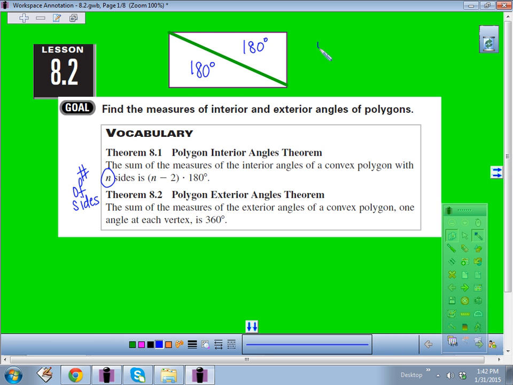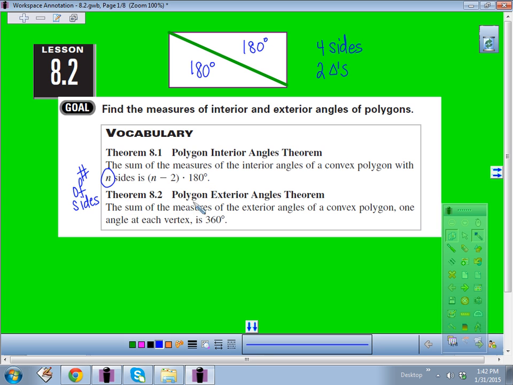That's 4 sides. And how many triangles are formed? Well, that's 2 triangles formed. So, the formula for finding the sum of the interior angles is always going to be n minus 2, because that's how many triangles are formed by the diagonals. And then we can just multiply that by 180 degrees, because we know each triangle will have 180 degrees.